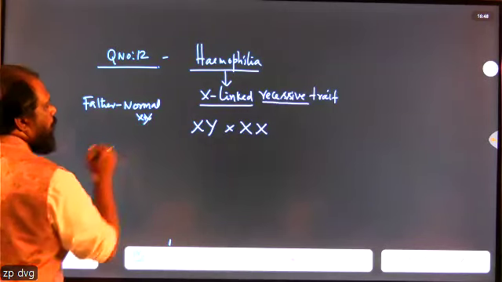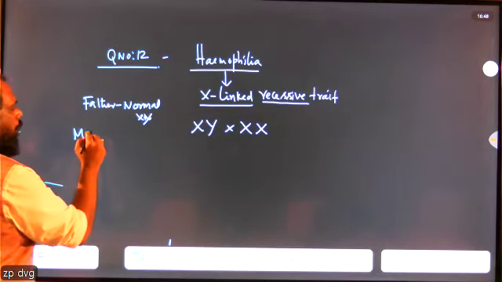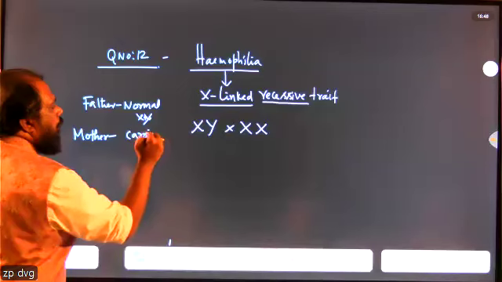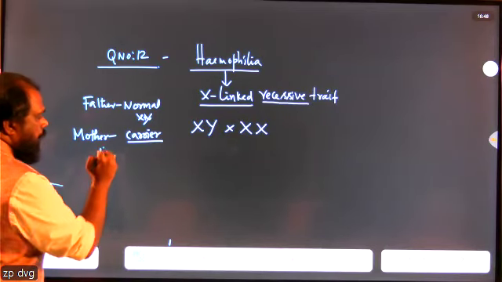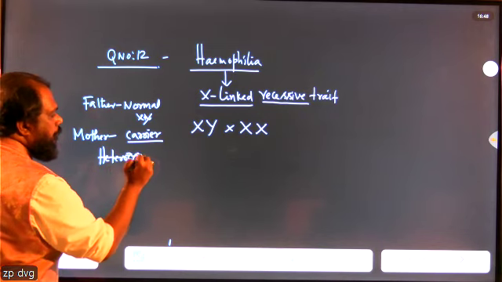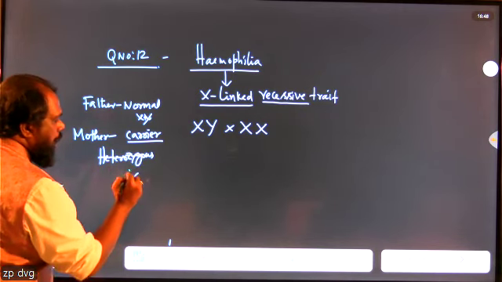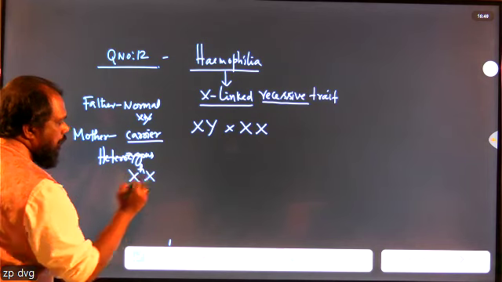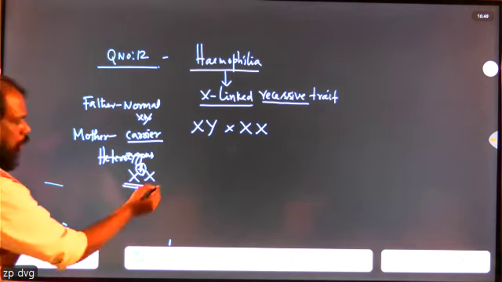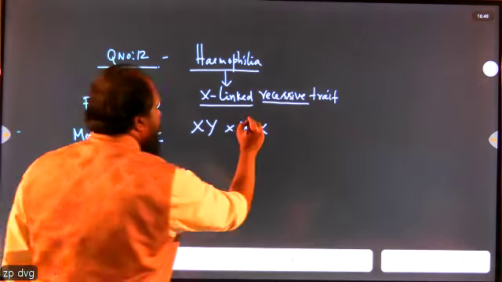Normal means XY, no problem. Mother is carrier. When I use the word carrier, you should understand mother is heterozygous. That means only one X chromosome has the abnormal gene, not the other. So can I write like this?